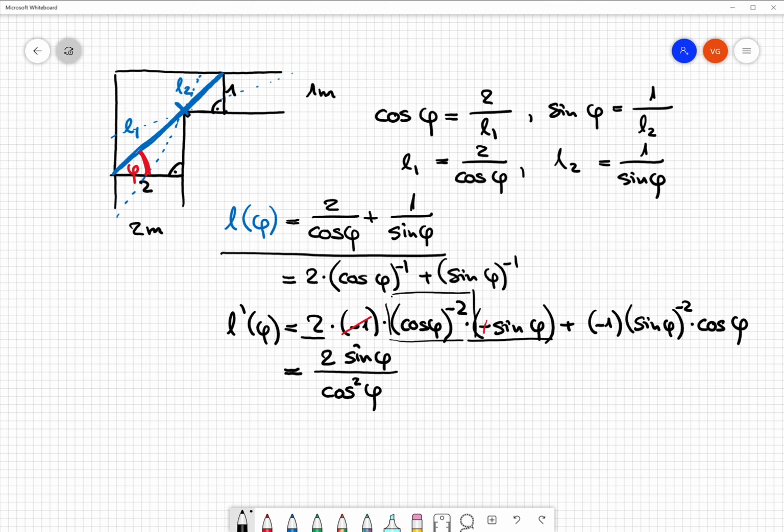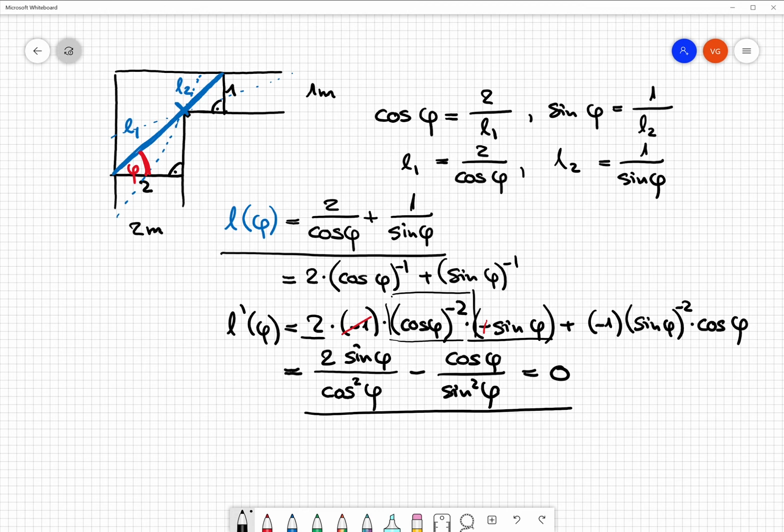A reminder, you haven't seen that a lot, but cosine all squared is usually written as cosine squared of phi. Back here we get minus cosine phi over sine squared phi. This is the derivative, and this is what needs to be 0 if we expect an extremum.